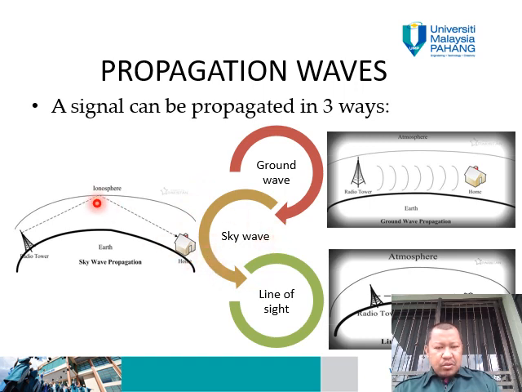It propagates to the ionosphere, is reflected at the ionosphere and received at the tower. Sky propagation can go up to a few thousand kilometers. And number 3 is line of sight. Line of sight is propagation in a straight way, straight from the tower to the receiver. So this is line of sight propagation.